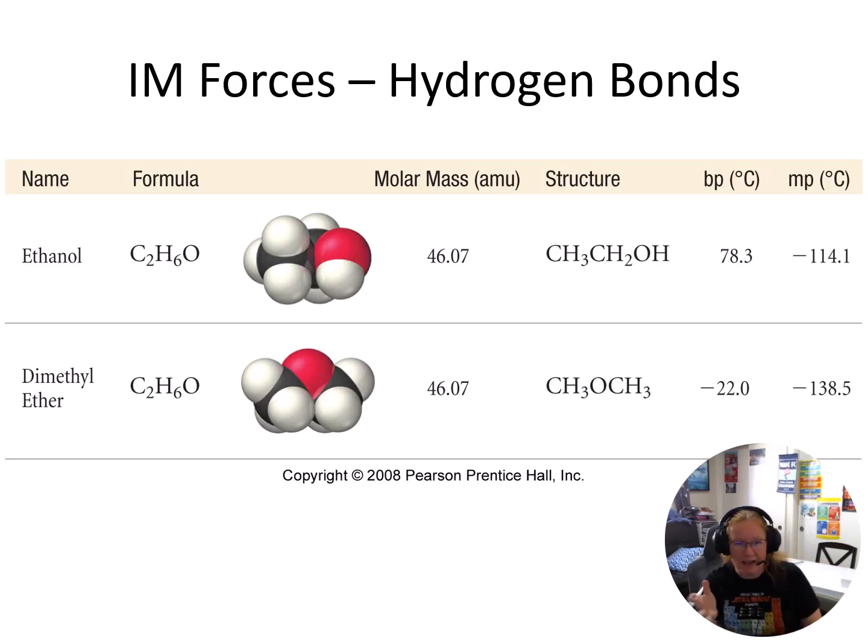Now, some really cool stuff with those hydrogen bonds. All right, if I look at ethanol and dimethyl ether, these have the exact same formula, exact same molar mass, but when I look at those boiling points, what do you see? Well, ethanol has a much higher boiling point than dimethyl ether. Dimethyl ether vaporizes before we even get to room temperature, whereas ethanol, we have to heat it up a little bit.